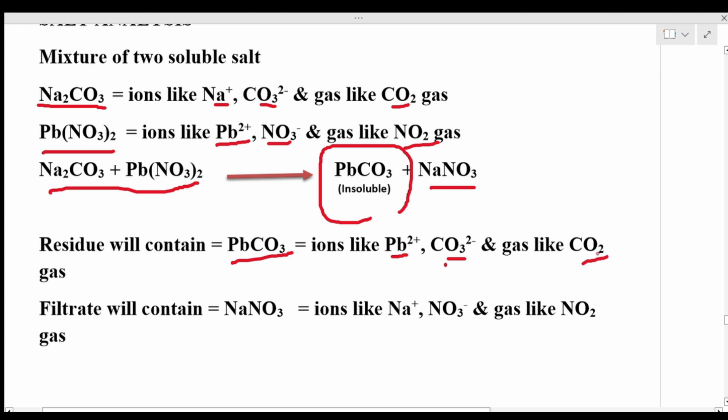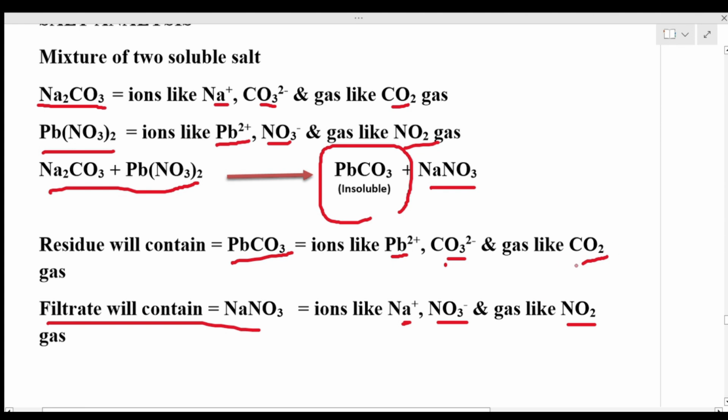The one we are going to have as the filtrate is going to be NaNO3. And the possible ions are Na+, NO3-, and NO2 gas.